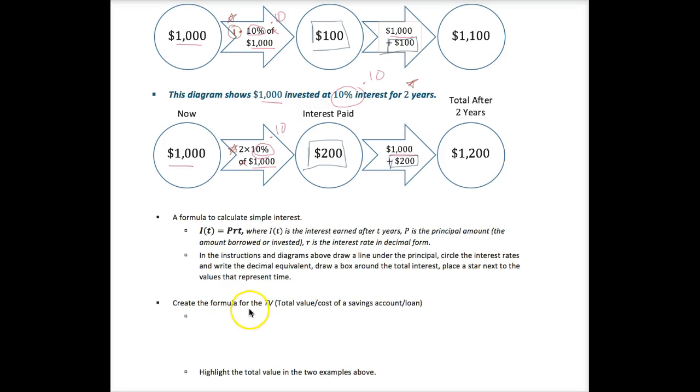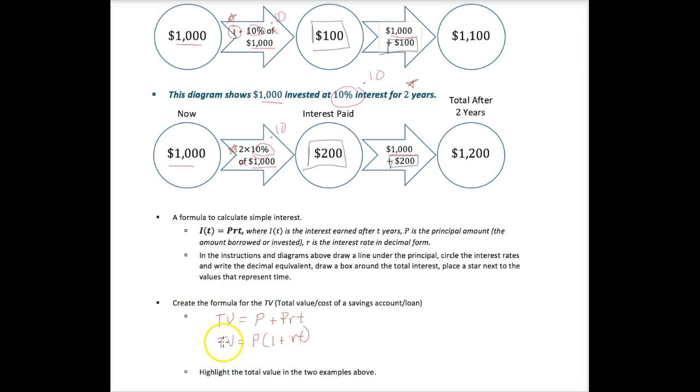Now we're going to create a formula for the total value or cost of a savings account or loan. The total value, TV, is the beginning value, the principal, what you started with, plus everything you earned in the way of interest. And some people see this common P and say, we take this P out and we can go 1 plus RT, holding that P. This is the reverse distributive that you know.